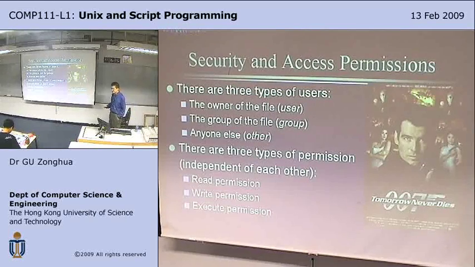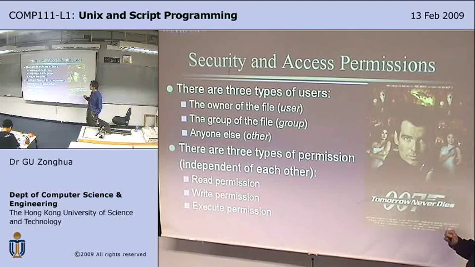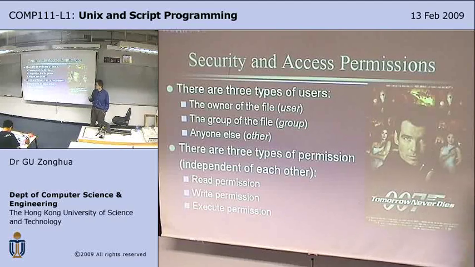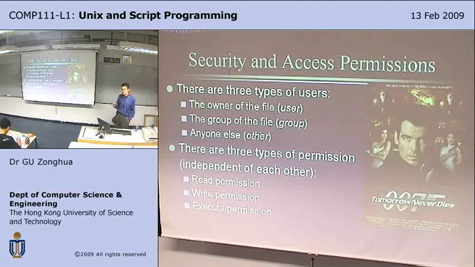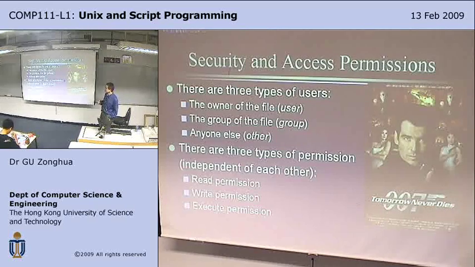So, security and access permissions. There are 3 types of users. One is the owner, that is the user who created this file. One is the group, that is the group that the user belongs to. So I may belong to the faculty group, and you may belong to the student group.